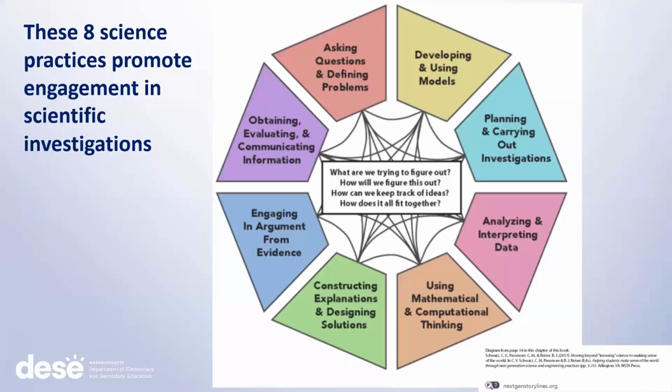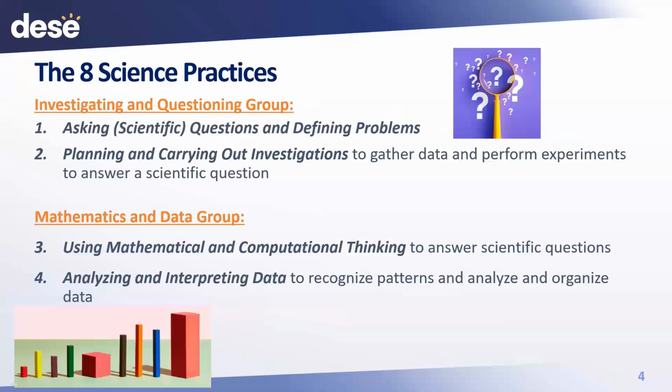So as you can see, it's almost like a spider web in the back. You can go from developing a model to obtaining information to asking questions. So we'll go through each of these science practices, but just keep this in mind, even though we're going to show it to you individually with the numbers.